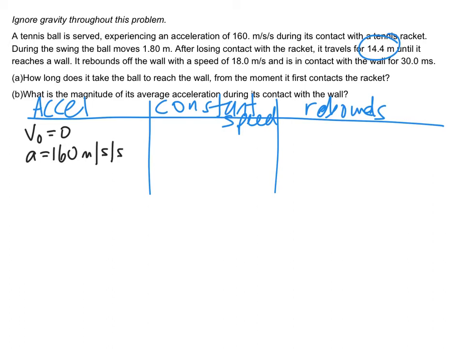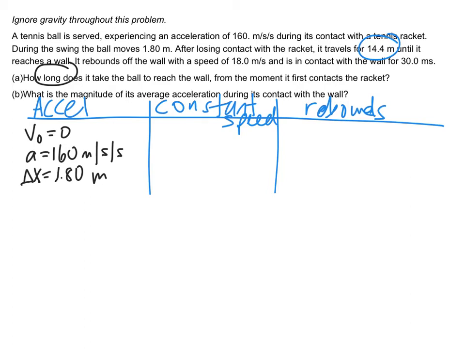And it says that it's in contact with the racket as the ball moves for a distance of 1.8 meters. Taking a look at that information, I'm eventually going to want to know how long it takes the ball to reach the wall from this moment when it's first hit until it first contacts the wall.